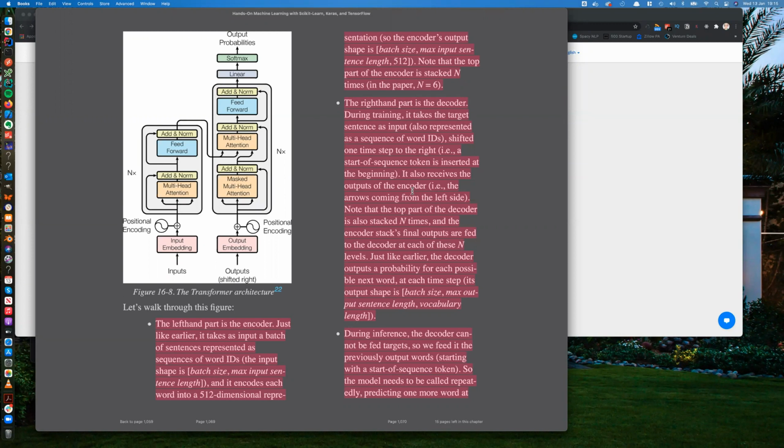It's basically because the right-hand side is per time step, so it's generating at each point what the next word should be, but the input to it is a whole sentence or part of a sentence. And to stop it from seeing too much information, they mask out the future at each point.